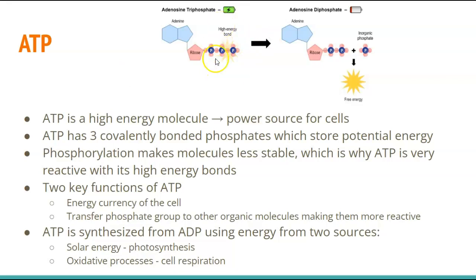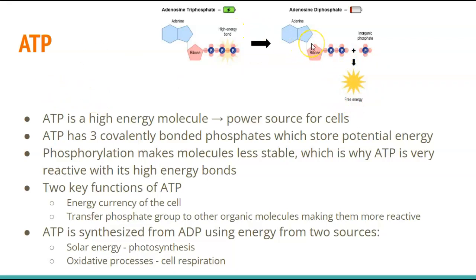Once you break this bond up here and you turn ATP into ADP, diphosphate, you release that energy, and that phosphate can then be sent to other organic molecules, and you can use this energy that has been released. ATP is synthesized from ADP, right?